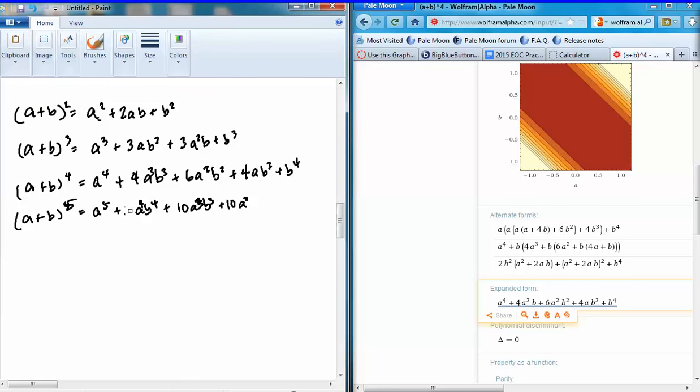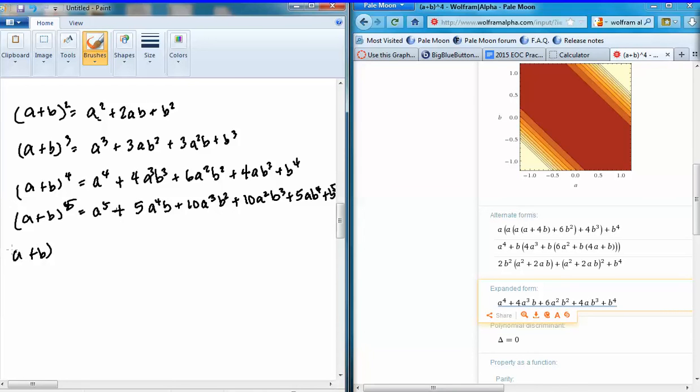I'm almost amazing. I'm being sloppy because I'm trying to be fast, and that's making me sloppy. This is 5a to the 4th b plus 10a cubed b squared plus 10a squared b cubed plus 5ab to the 4th plus b to the 5th. I'll do one more.